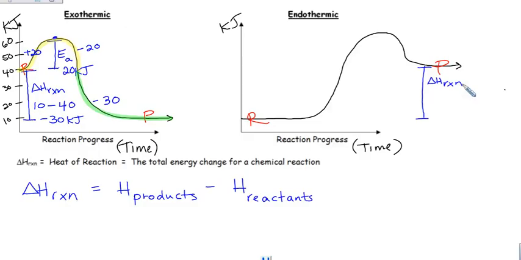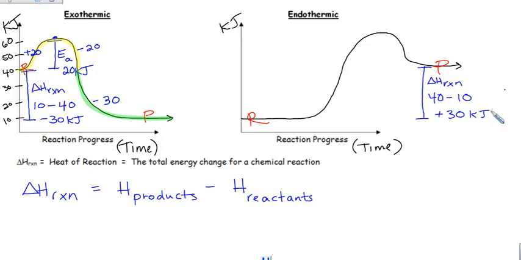But this time I should get a positive. Let's say my products are around 40. I'll try to use the same axes as both graphs. Minus my reactants at 10. Now I'll get a positive 30 kilojoules. Excellent. Yeah, it's endothermic. It should be a net increase in energy.